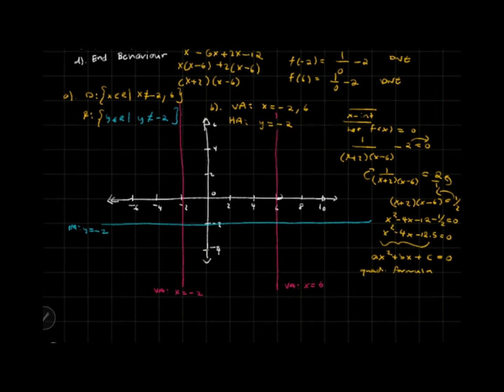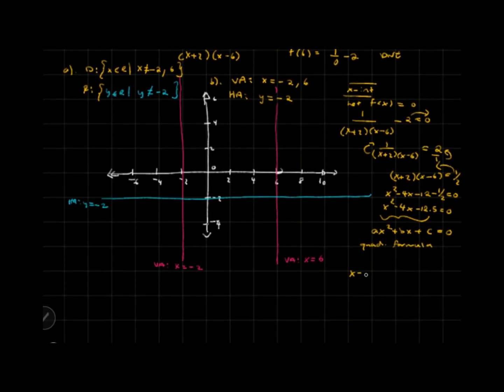Recall that the quadratic formula, x is equal to -b plus minus the square root of b squared minus 4ac, over 2a. I'm just going to plug these values in and solve for this. I'm pretty sure all of you know how to do this, right?